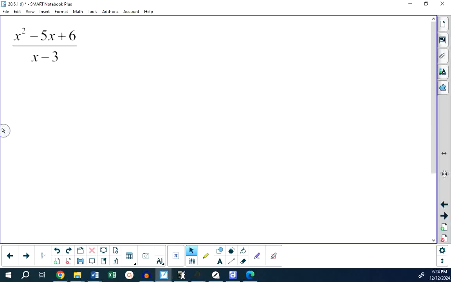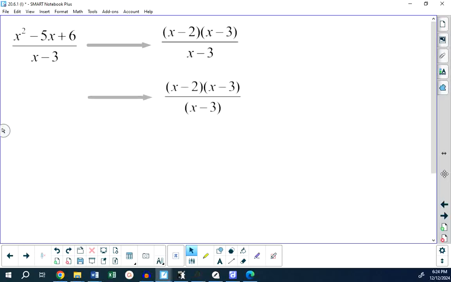For example, showing you this, the numerator of this rational expression in your notes factors into x minus 2 times x minus 3, and the denominator is x minus 3. I've just rewritten it so that we have x minus 3 in brackets, so that I can then point out to you that you have an x minus 3 in brackets multiplied by something on the top, and you have an x minus 3 in brackets multiplied by something on the bottom.